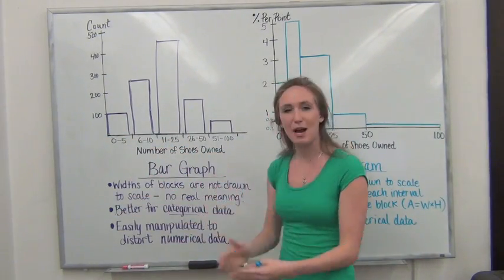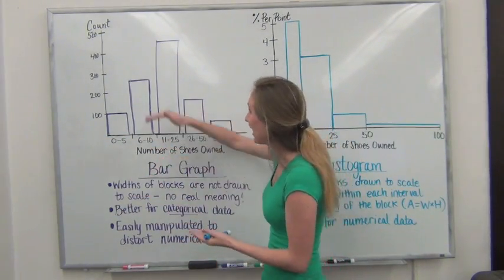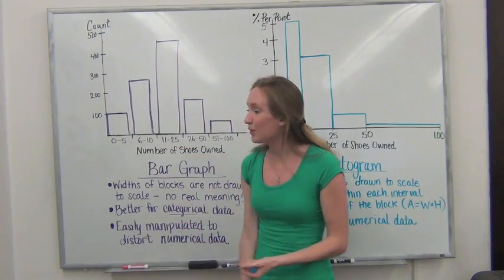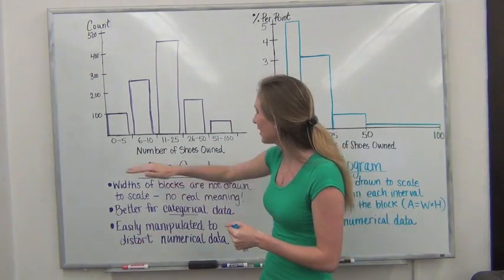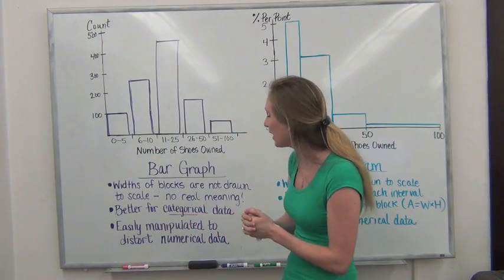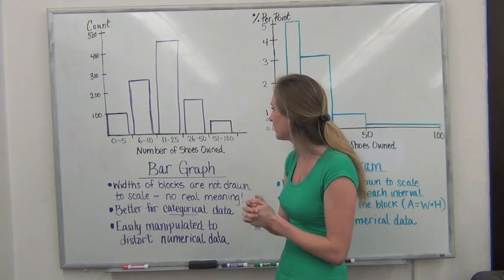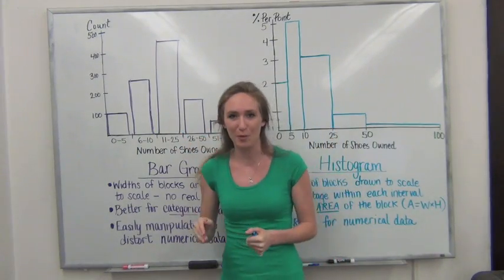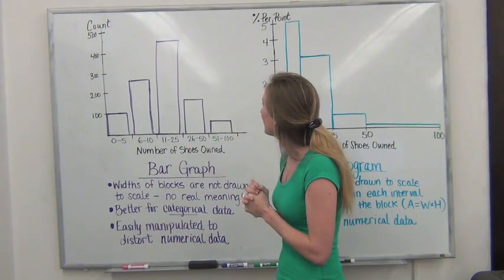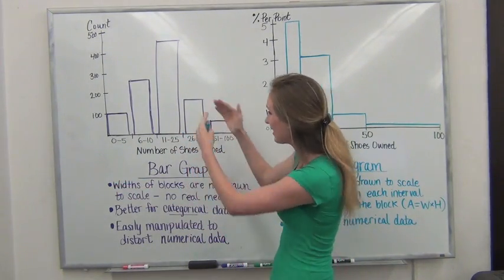We just break them down into categories and only analyze the height. You can already see that there would be some flaws here, that this is looking like quite a normal curve. So you might think that if you own 55 pairs of shoes, that, oh, you're just on the high end of normal, right? That's just the way that this graph is trying to display things.